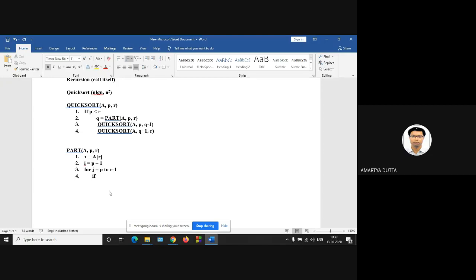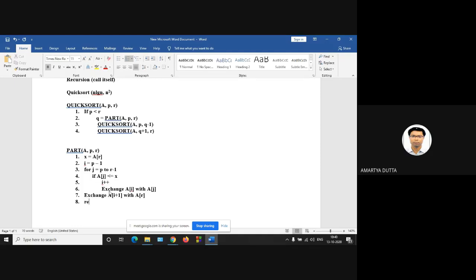Then if your A of J is less than or equal to your X, then first we have to increment I, and next exchange A of I with A of J. And finally, exchange A of I plus 1 with A of R. Okay.